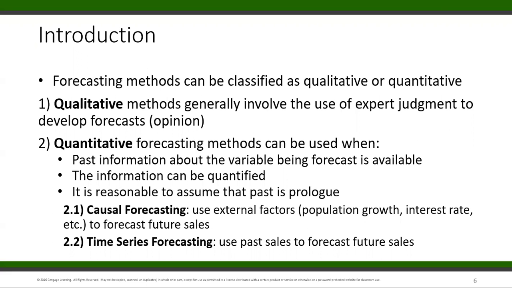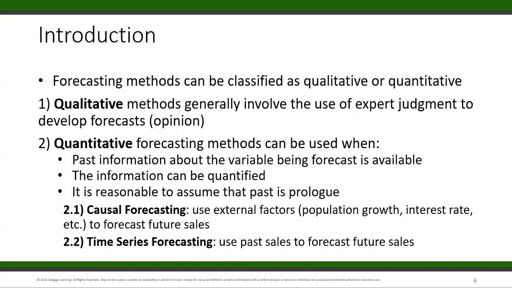The other way that people usually try to come up with their opinion is that they try to connect whatever they're trying to predict, like sales, to other factors that they believe are important and can affect the variable of interest. For example, they believe that their sales is related to the interest rate.